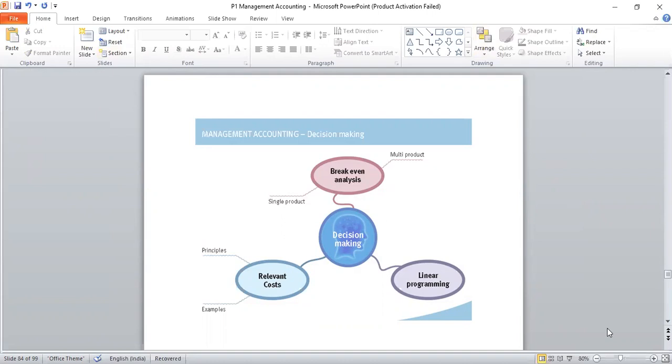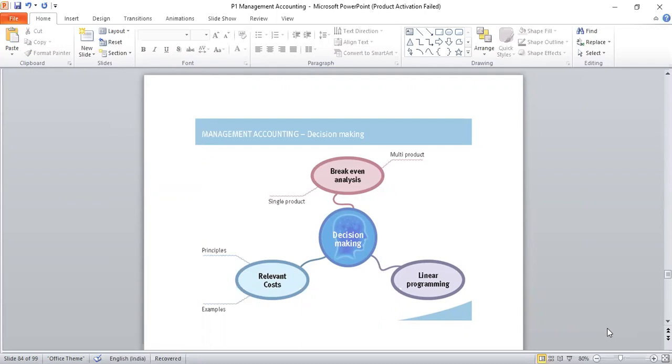For break-even analysis, I will give you a list of formulae. You can make a note of it. In certain situations where the resources are not abundantly available, the decision has to be taken with those limiting factors, those constraints, with the scarce resources. In that case, we use the linear programming technique.